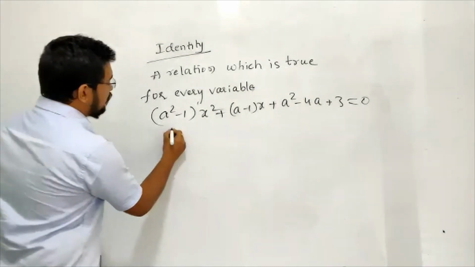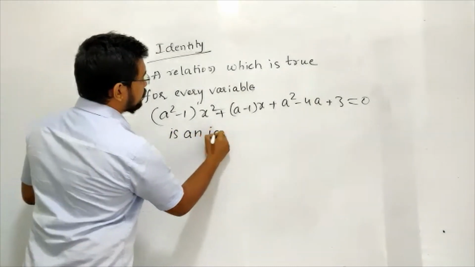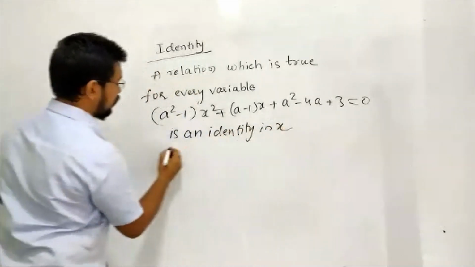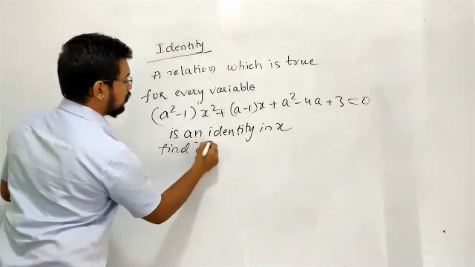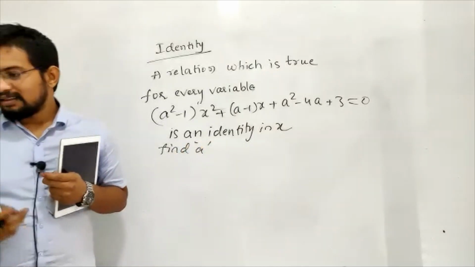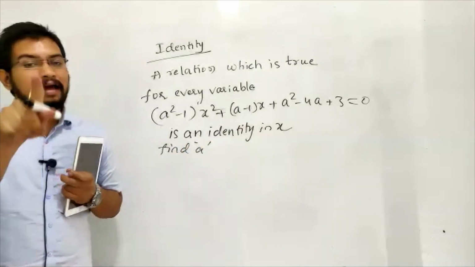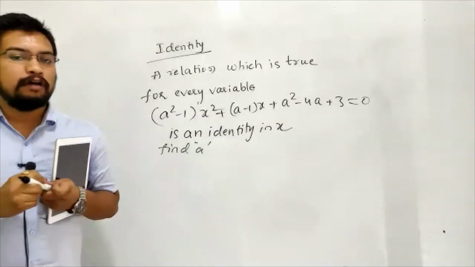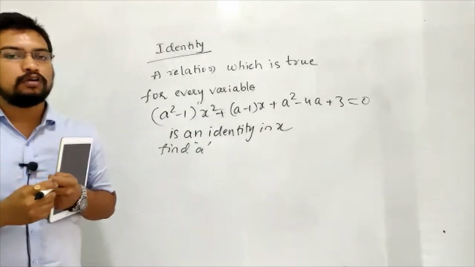If I write this is an identity in x, find a. Think about this. Identity means for every value of x, that has to be true. That must be a true thing.